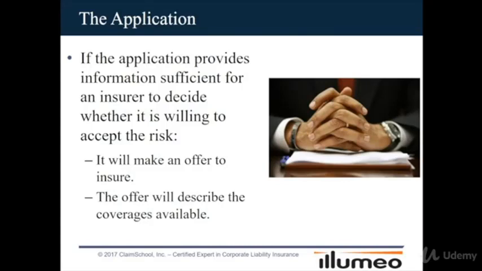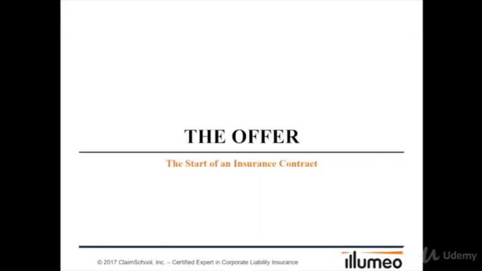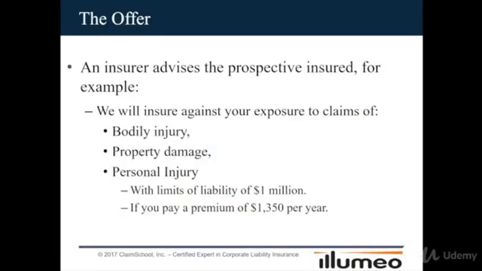If everything is fine, if they think they have enough information and they can rely on the truthfulness of your answers in the application, the insurer will make an offer to insure. And that offer will describe the coverages available, and it will advise the prospective insured.